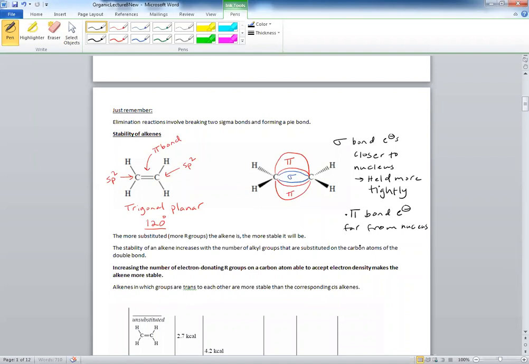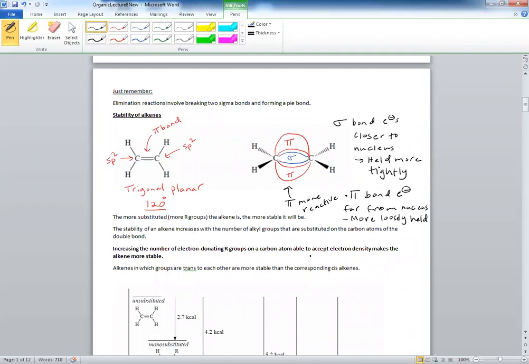And of course, that means they are more loosely held. The whole point of this is that the pi bond electrons are more reactive. Very well.